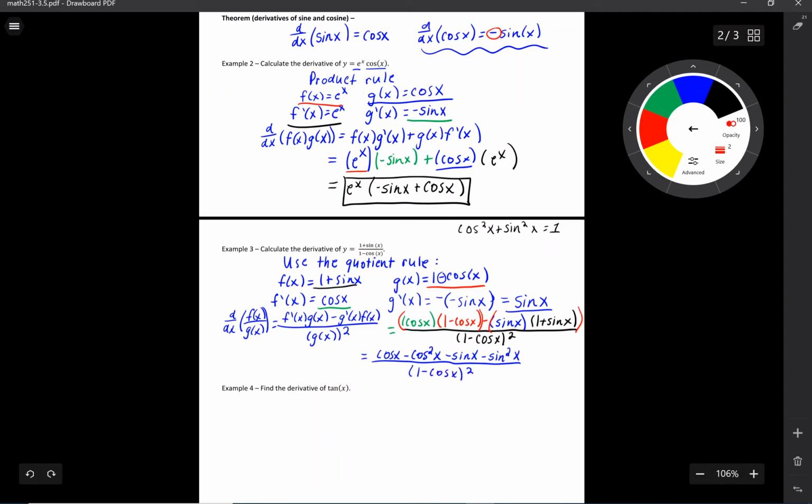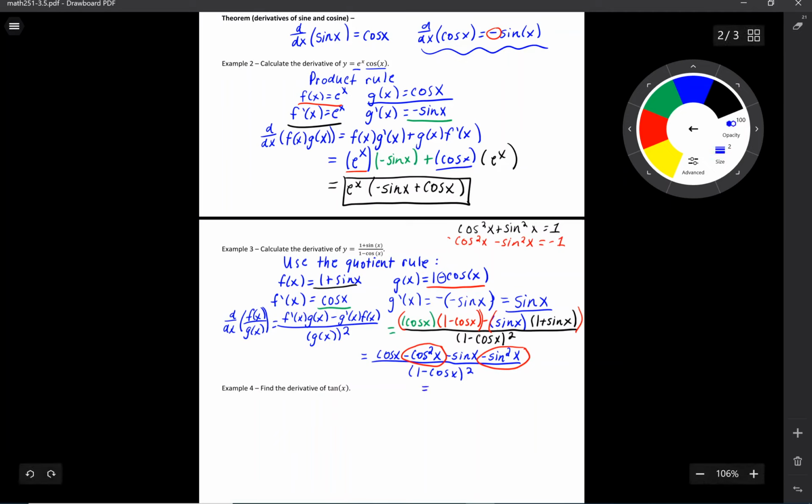So I see that if I combine this negative cosine squared x and this negative sine squared of x, I have negative cosine squared x minus sine squared of x, which is equal to negative 1. So combining these two terms gives me negative 1.